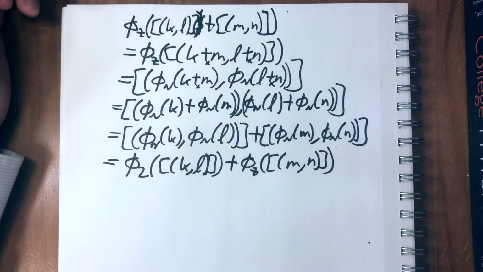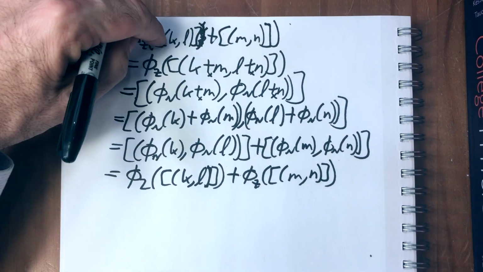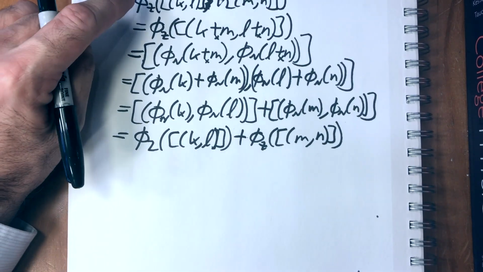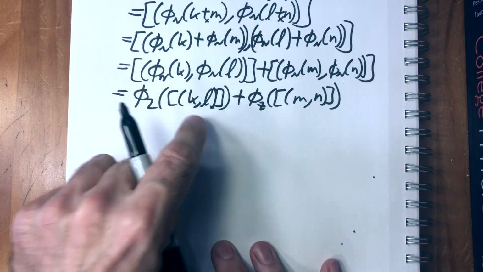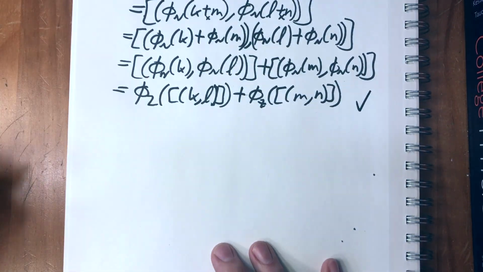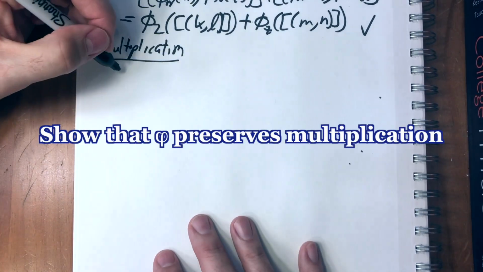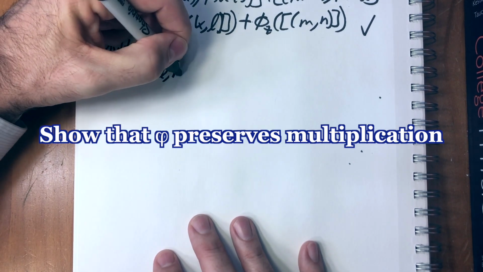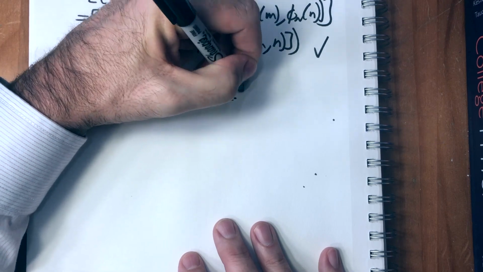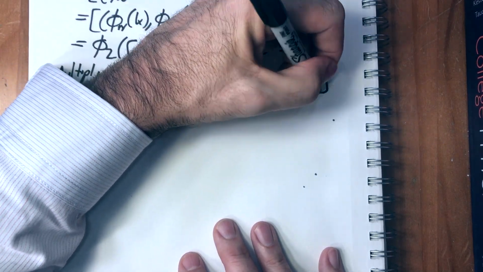That's what we needed. We started with (k, l) plus (m, n) in x, and we just showed that taking the phi of that is the same as taking the phi of (k, l) and adding it to the phi of (m, n). That's addition. Now, multiplication. So again, let k, l, m, n be elements of n in x. So (k, l) and (m, n) are elements of the integers in x.